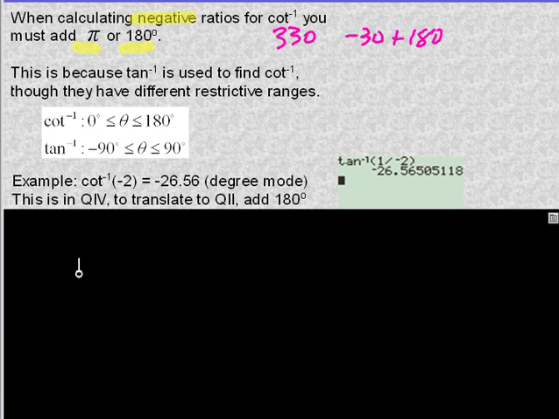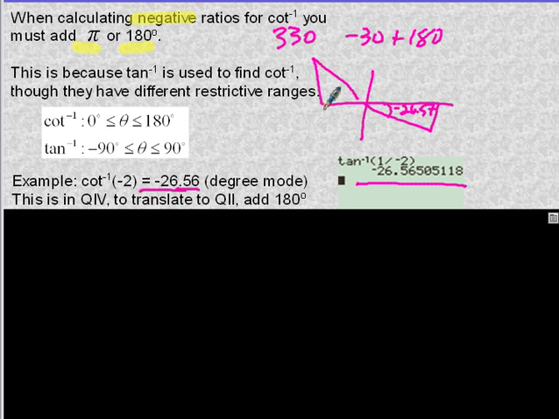So here's an example. Inverse cotangent of -2. In degree mode, you're going to end up getting negative 26.56, and you can see it right here. This is obviously this angle down here, -26. So your reference angle is 26.57, let's say. We want to translate this back here.